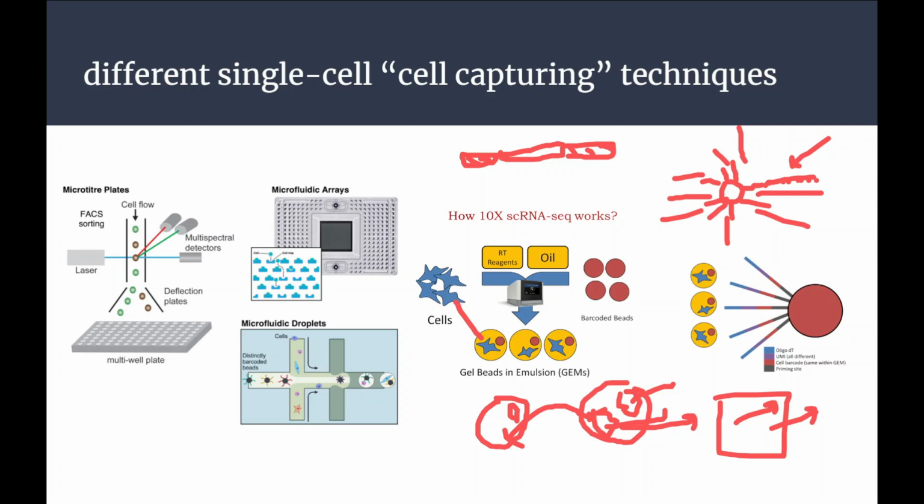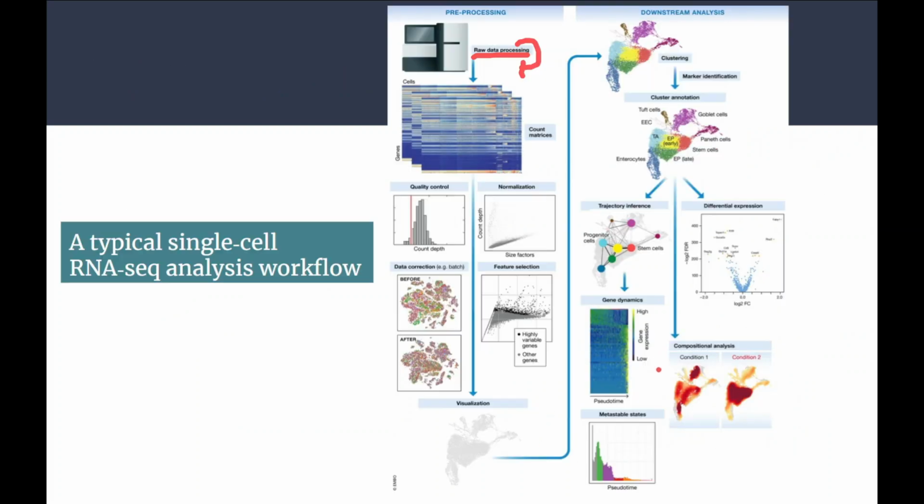Every time it will look like high expression, but in the backend the problem was that this droplet captured two cells, so it has more transcripts than the other. These things come under quality control, and we have to take care of that in the quality control step.